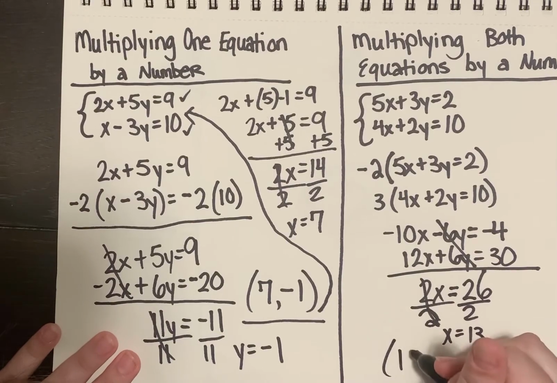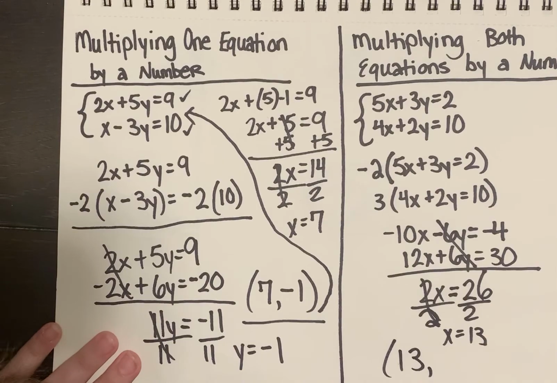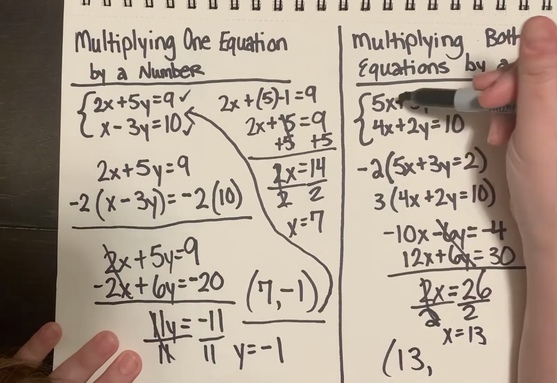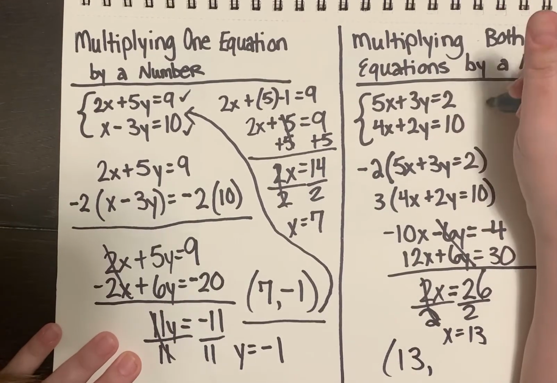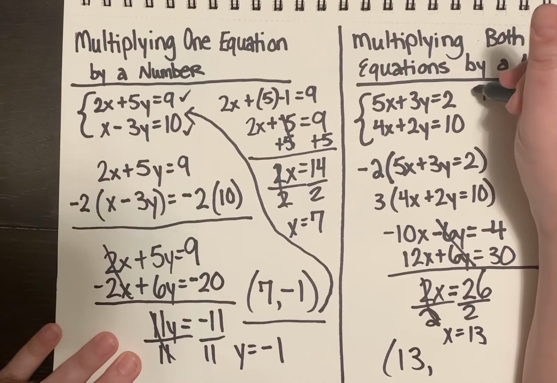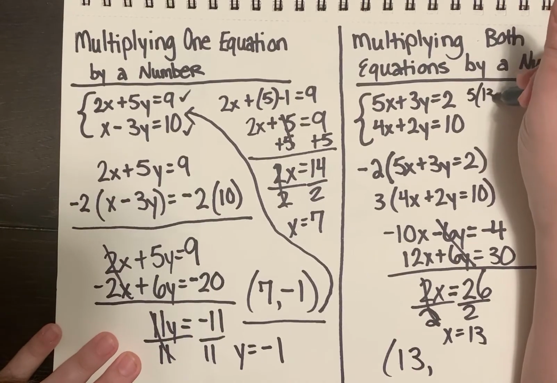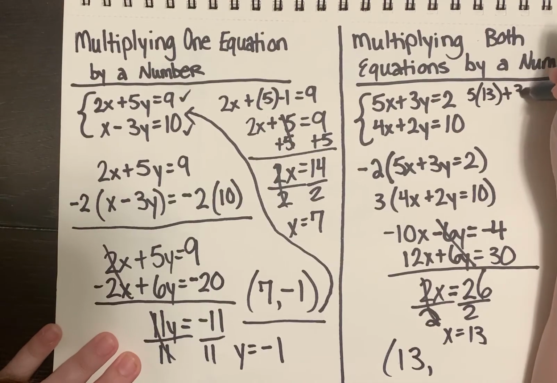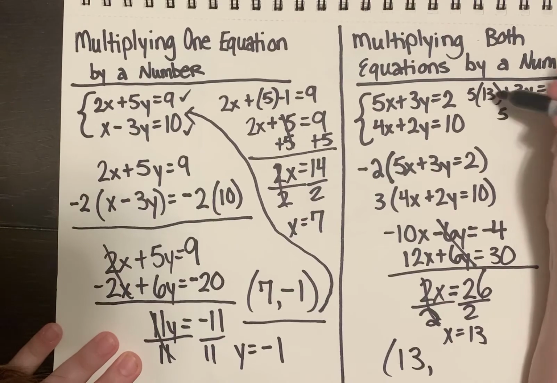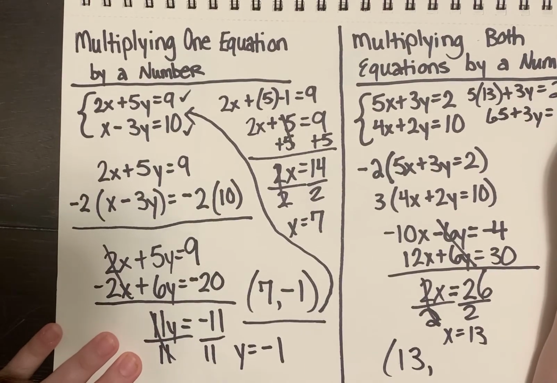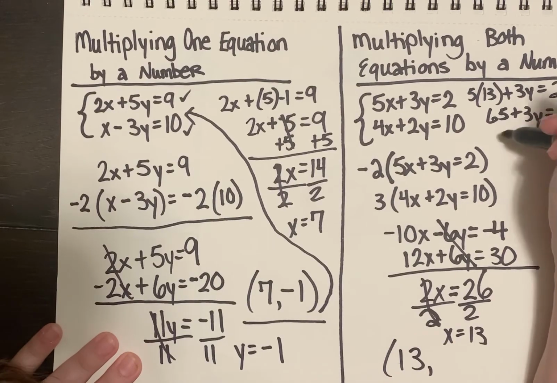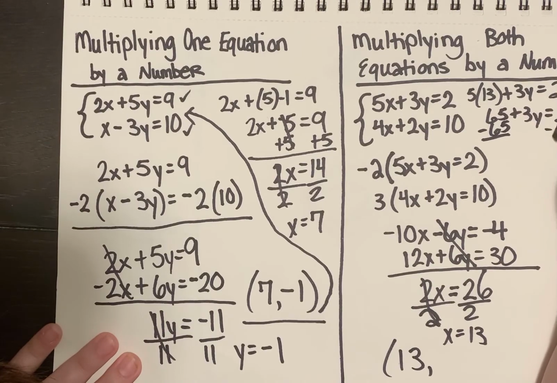So if x is 13, I can plug in to see what y would give me. I can say, if x is 13, 5 times 13 plus 3y equals 2. Okay, 65 plus 3y equals 2. I'm going to subtract 65 from both sides.